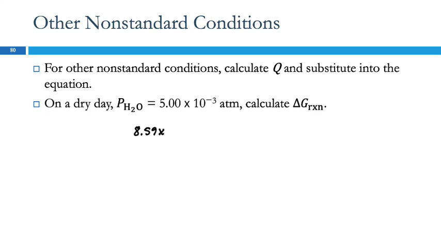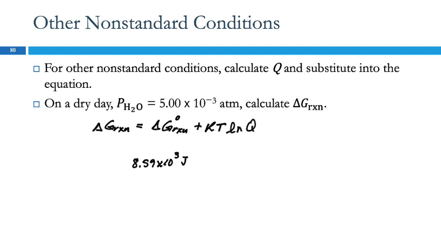That many joules. So we're doing this delta G at these non-standard conditions: delta G standard plus RT natural log of Q.